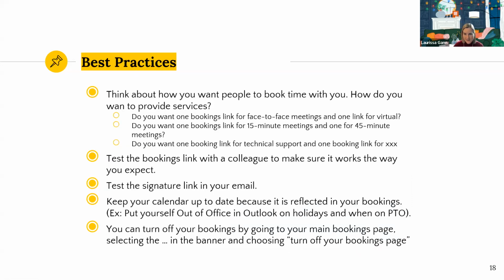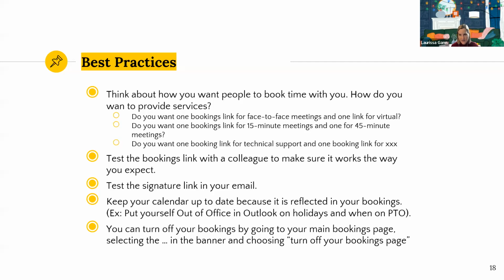Some best practices. So think about how you want people to book time with you. How do you want to provide services? I have a typo on this page. I apologize. So do you want to have one bookings link for face-to-face meetings and one for virtual? That could be an option. Maybe you want one bookings link for 15-minute meetings and one for 45-minute meetings.